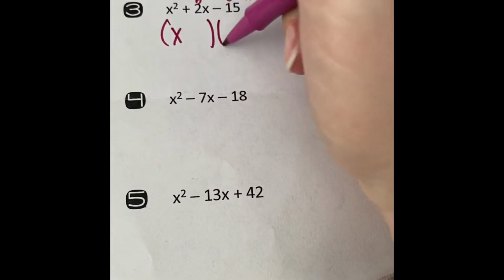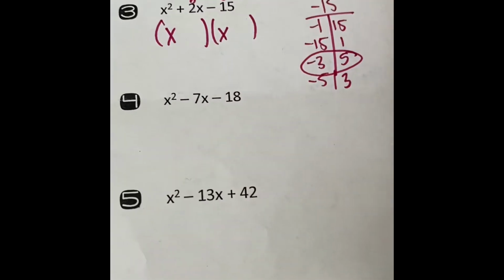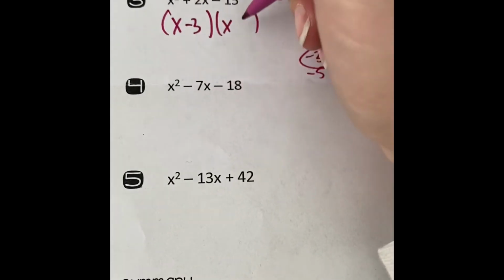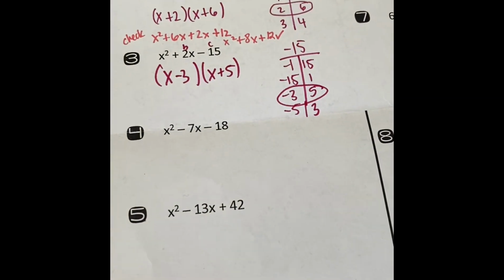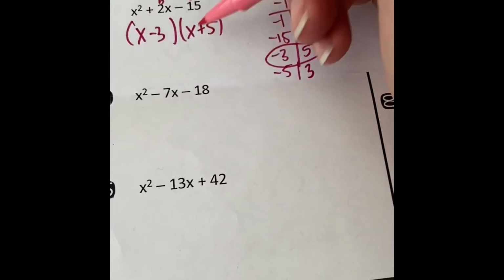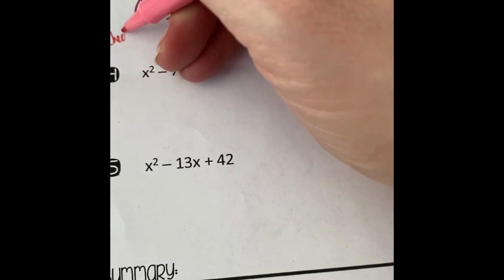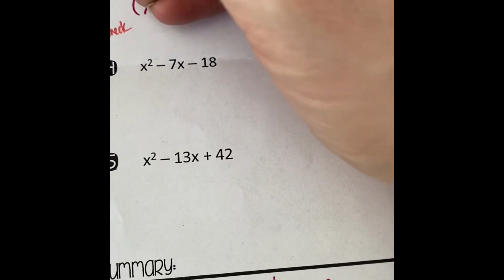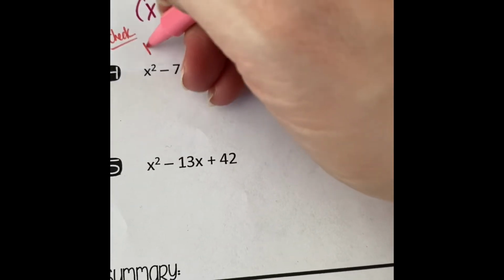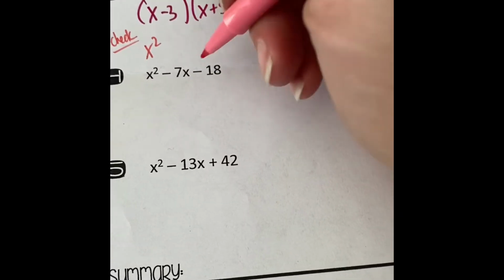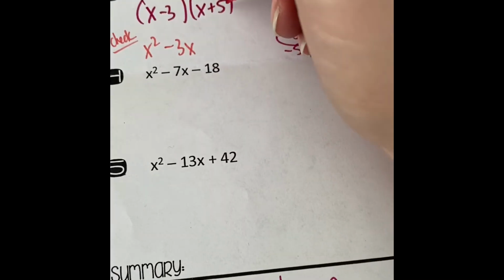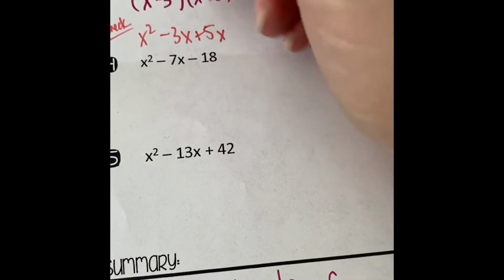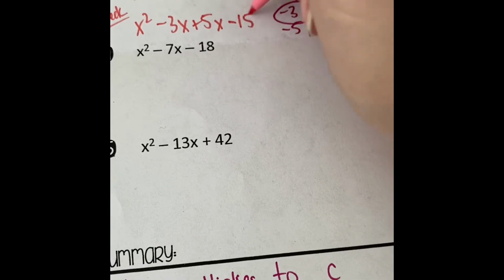So I will have 2 parenthesis sets that both have an x in it. One will have a negative 3, one will have a positive 5. If I go ahead and FOIL this, or multiply and distribute for my check, x times x is x squared, negative 3 times x is negative 3x, x times 5 is positive 5x, and negative 3 times 5 is negative 15.